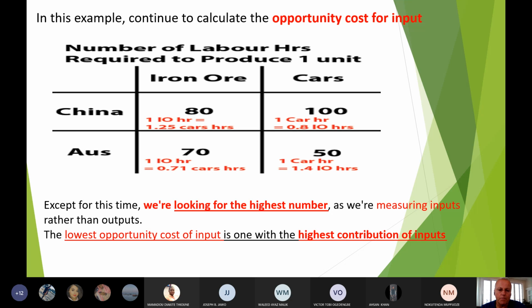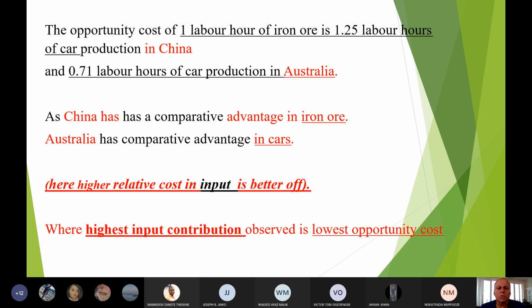Then you may say the opportunity cost of 1 labor hour for iron ore is 1.25 labor hours of car production in China and 0.71 labor hours of car production in Australia, as China has a comparative advantage in iron ore and Australia has a comparative advantage in cars.